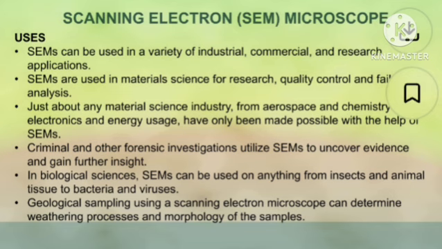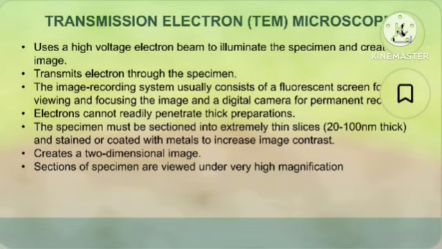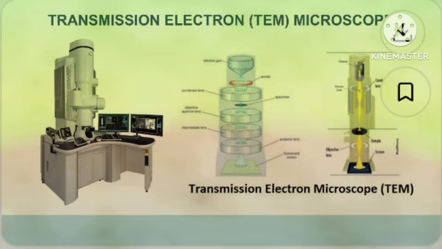And next, transmission electron microscope. What are the differences? It uses a high voltage electron beam to illuminate the specimen and create the images. It transmits the electrons through the specimen. So transmission electron microscope, you see that picture. And next slides, transmission electron microscope uses.